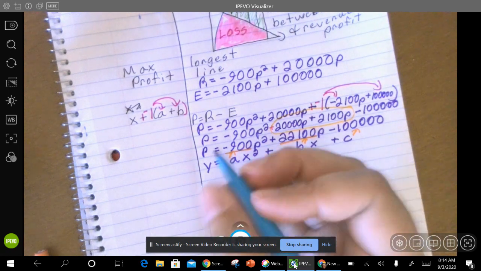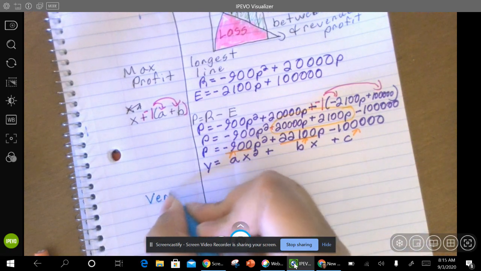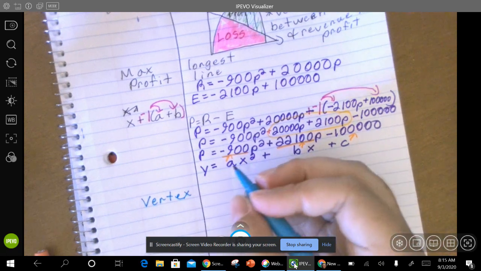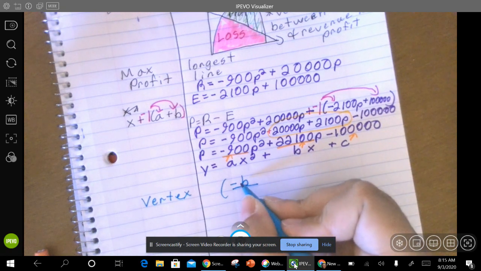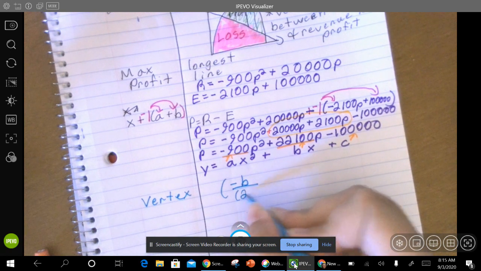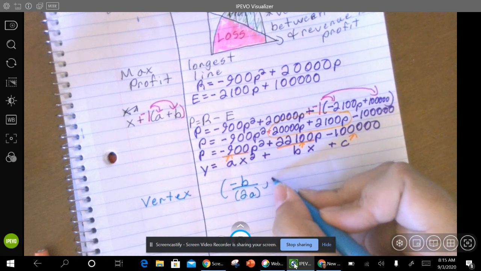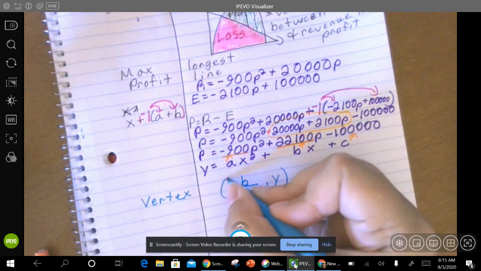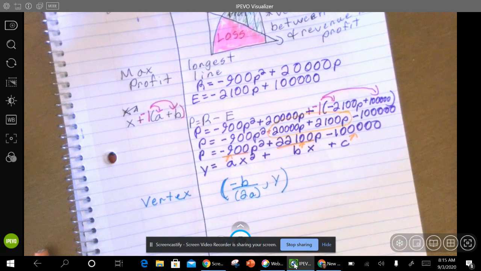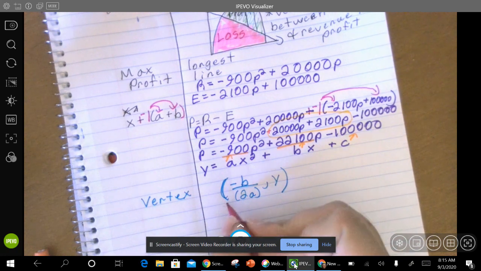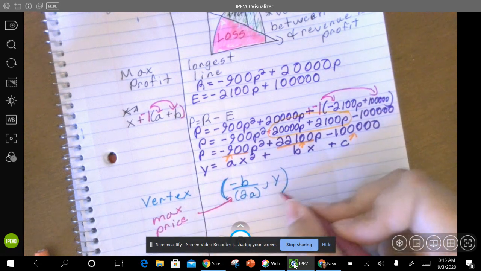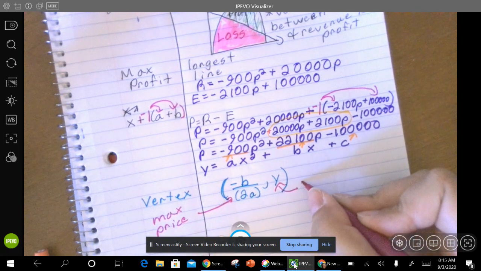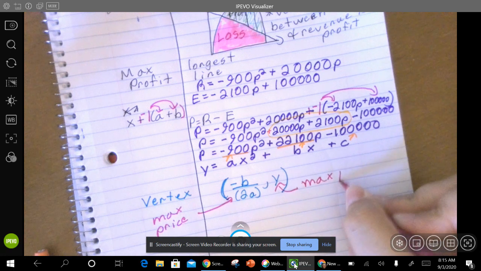For the vertex, and we can use this also to find the maximum revenue, it is negative b over 2 times a. We have to do the parentheses. Our x value is the maximum price. And our y value, when we're talking about profit equations, is our maximum profit.